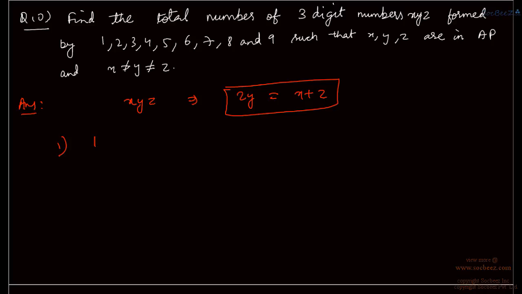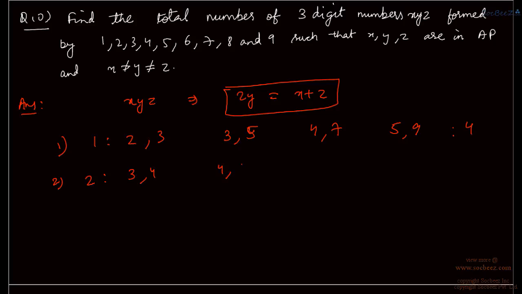So suppose my first digit, the highest place digit, is 1. Now suppose my y is 2, so this automatically fixes z as 3, right? If my y is 3, this automatically fixes z as 5. Similarly, 4 makes it 7 and 5 makes it 9, right? We can't have 6 because that would require our z to be 11, not possible, right? So 4 different ways.